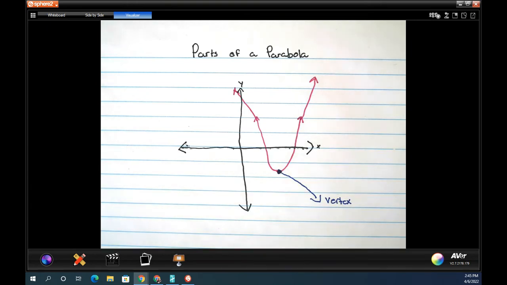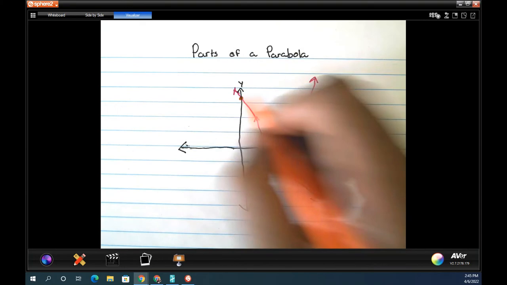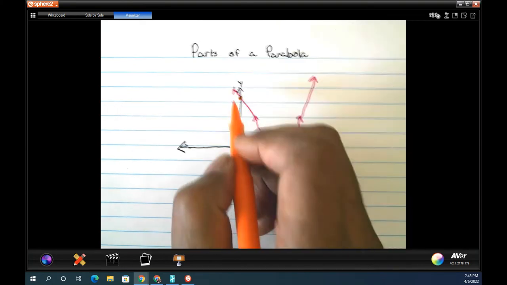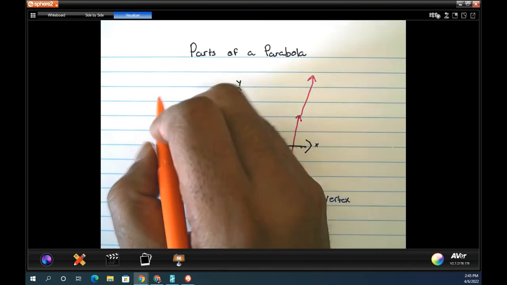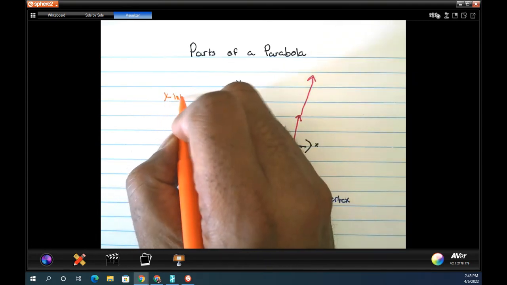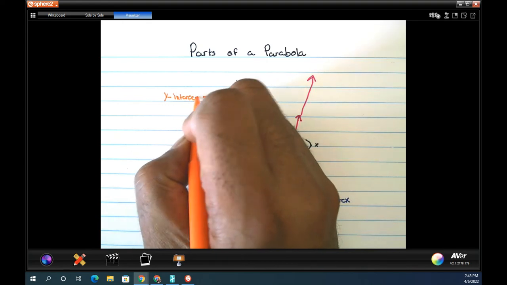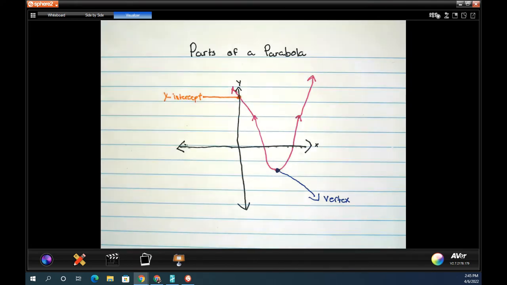The point where it crosses the y-axis, we should know that. That's the y-intercept. That's something we should already know. We've been doing it with our linear equations. It's where it crosses the y-axis.